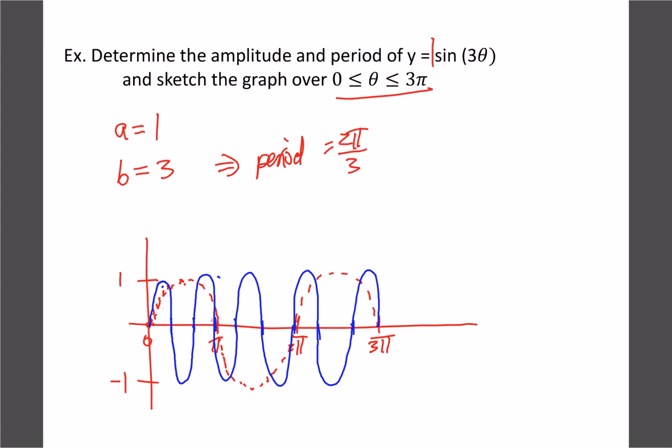Or you can think of it as, in the original we got 1 complete cycle from 0 to 2 pi. Now if you look at the blue one, we got 1 to there, 2 to there, and then 3 in the same distance. So we've actually got 3 graphs now in the same distance, which would be 1/3 in terms of a horizontal stretch.